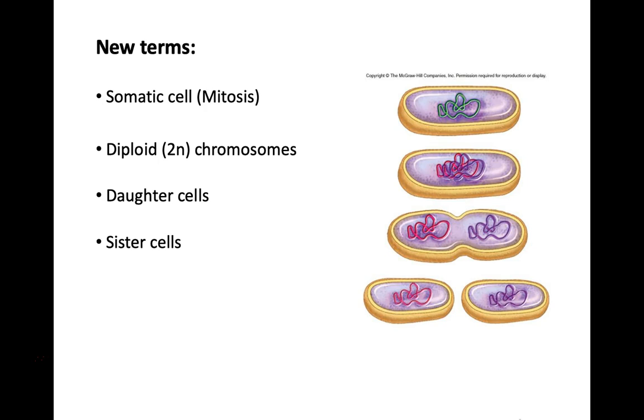So if you think about an egg cell, it's going to have 23 chromosomes from mom, a sperm cell 23 from dad, and they come together. Now there are 2 copies of all of those chromosomes. And so humans are diploid with 46 chromosomes, 2 copies of 23 different types of chromosomes. We'll come back to that, but I just wanted to introduce that term because we're going to use that when we talk about meiosis.